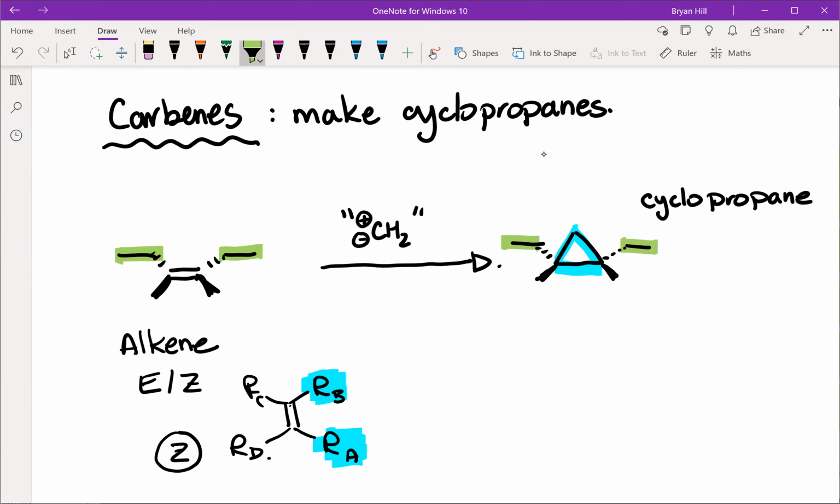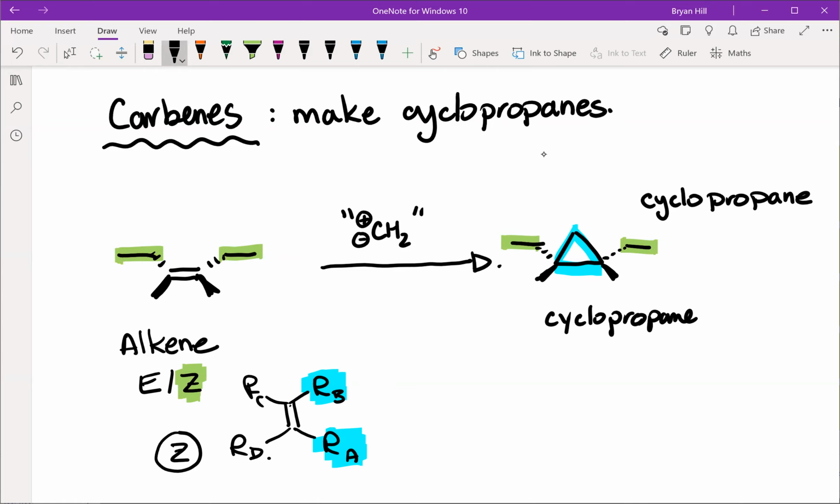So if you start with a Z alkene, you are going to have a cyclopropane with the two highest priority groups on the same side. And if you start with the E, they will be on opposite sides in your product. So that's the key thing to worry about.